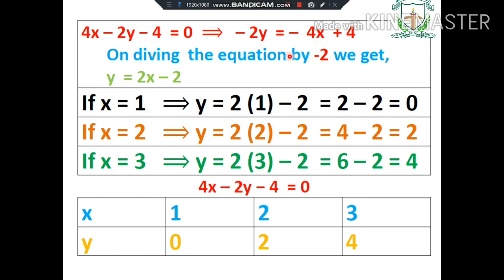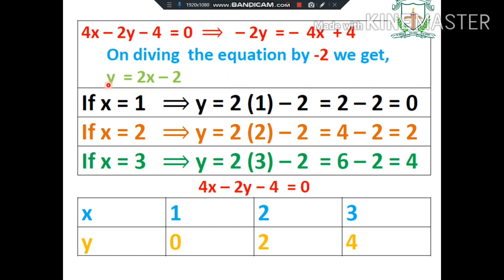On dividing the equation by minus 2, what do you get here? Minus 2 gets cancelled, you get only y is equal to 4x divided by 2, which is 2x. Plus 4 divided by minus 2 is minus 2.